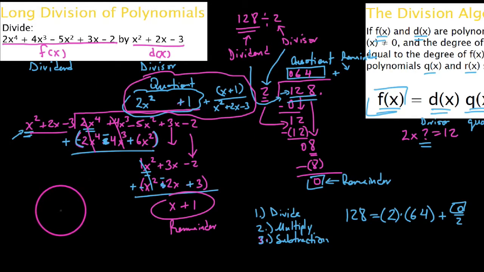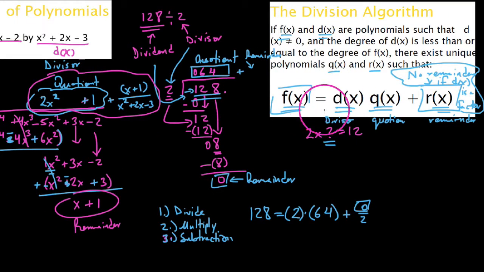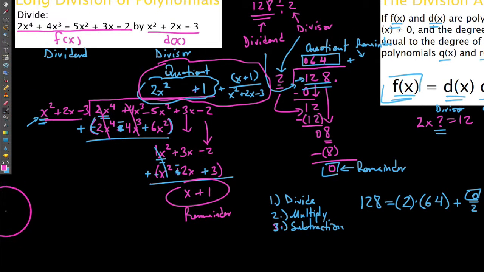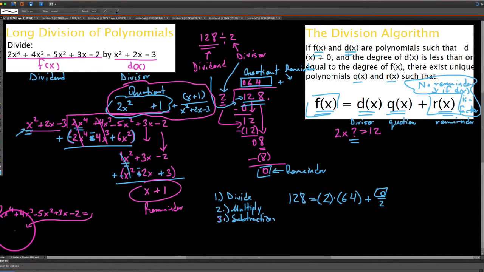So what I want everybody to see is that using the division algorithm, we could basically say that we could rewrite the original polynomial, which was this 2x to the fourth plus 4x to the third minus 5x squared plus 3x minus 2. I'm going to write equals. I'm going to carry this down here. But we could say it's equal to the thing we were dividing by, x squared plus 2x minus 3, times the answer that we got, which was 2x squared plus 1.